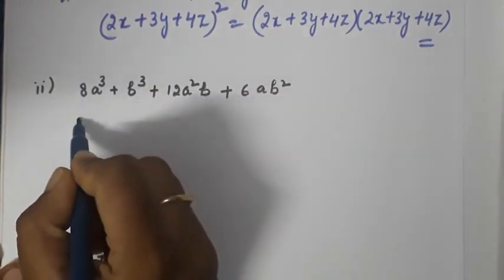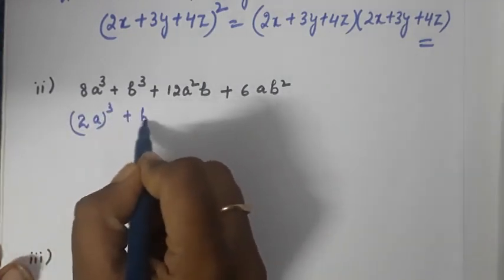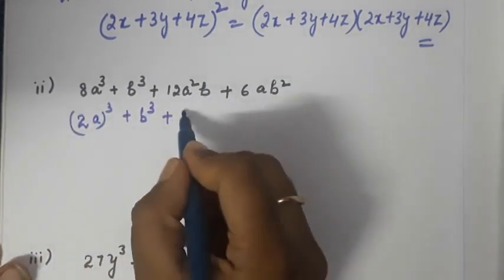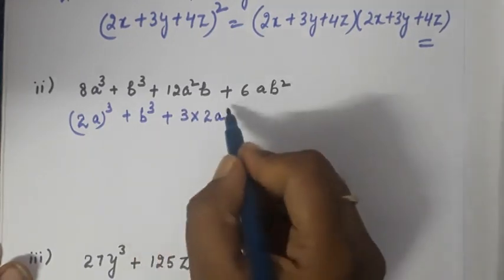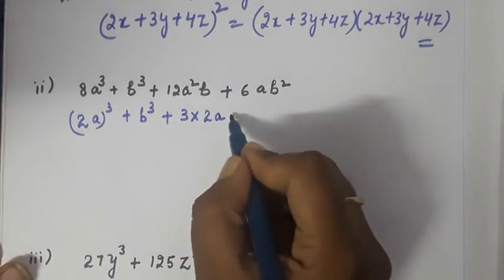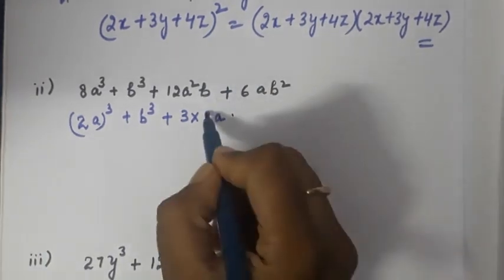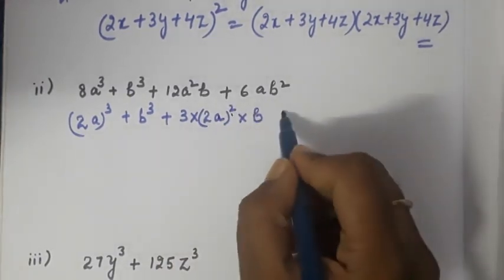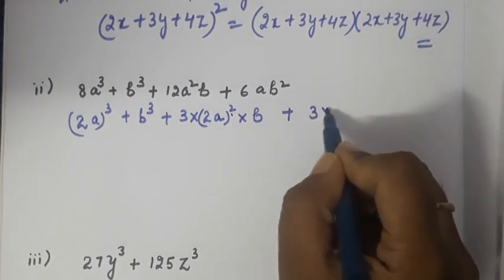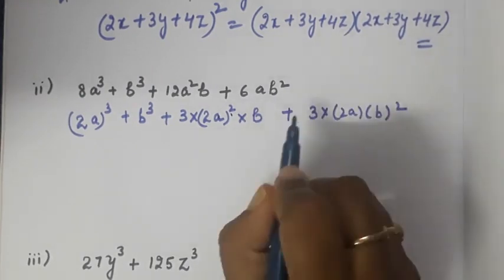Okay, see here I can write 2a of whole cube plus b cube, and this thing I can write as 3 into 2a whole square into b plus 3 into 2a into b square.